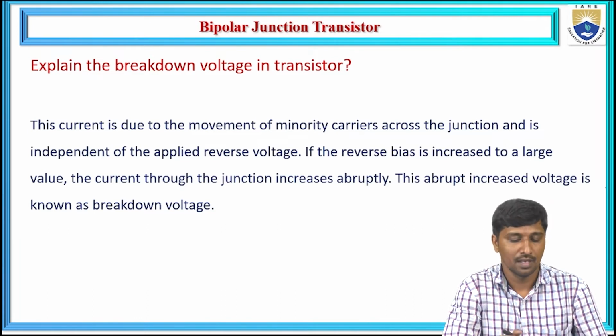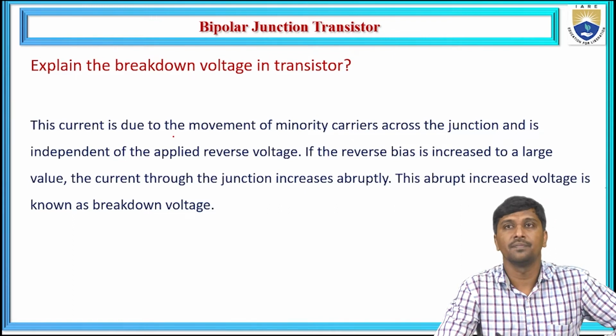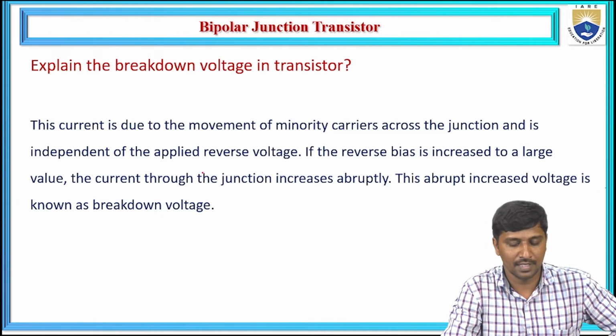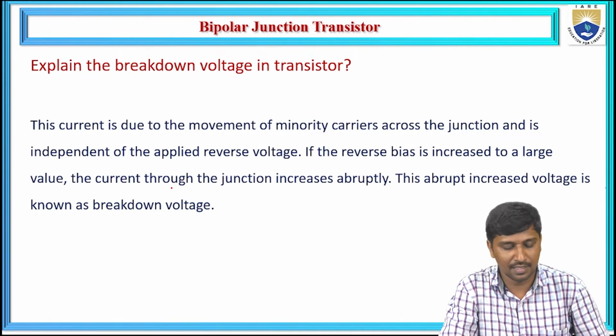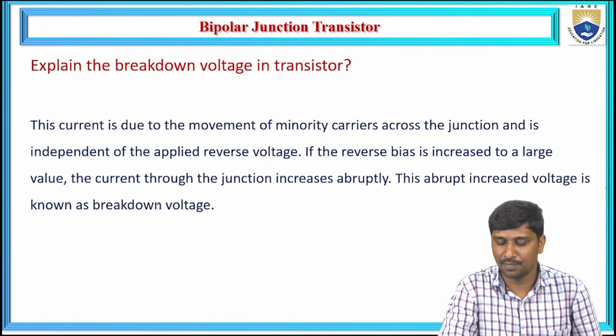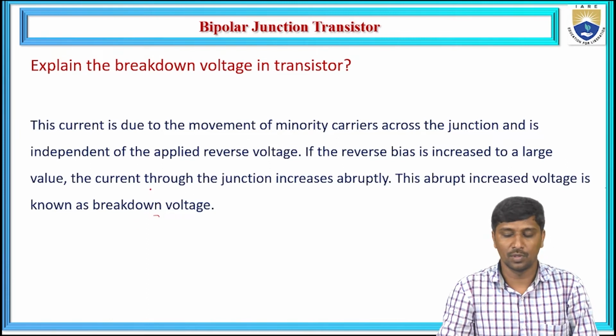At that point it is in a standby condition, or it allows the maximum movement of charge carriers to allow conduction. Hence the current is due to the movement of minority carriers across the junction and is independent of the applied reverse voltage. Here the reverse bias is increased to a large value and the current through the junction increases abruptly. This abruptly increased voltage is known as breakdown voltage.